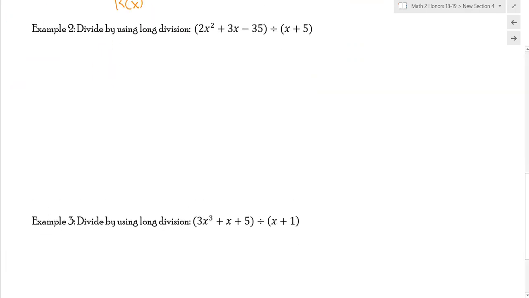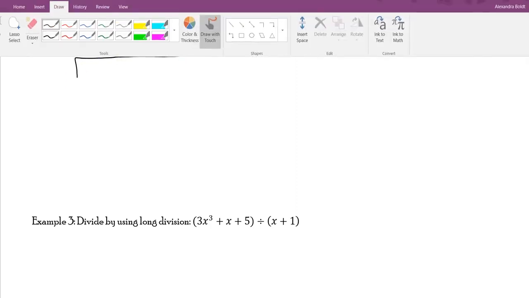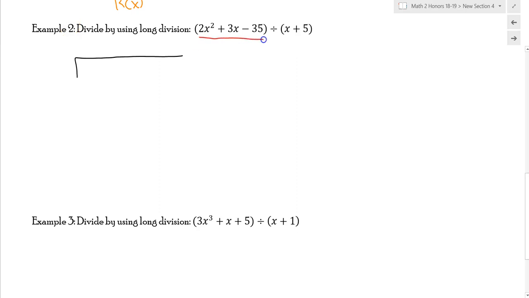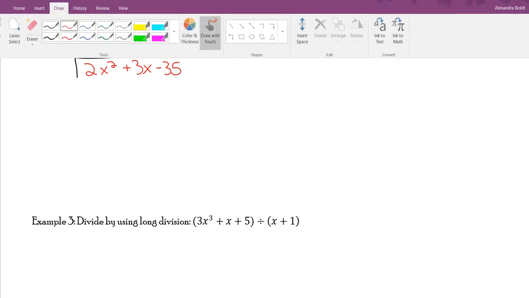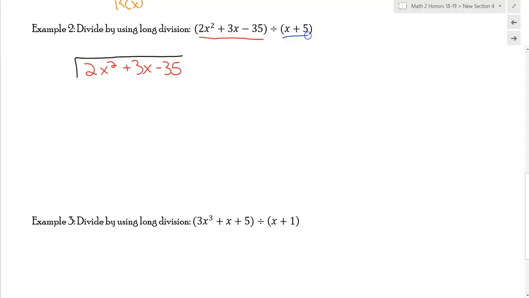And we're using long division. So we draw our house. And our polynomial that we're going to divide goes inside our house. Right? And our divisor goes on the outside of the house.